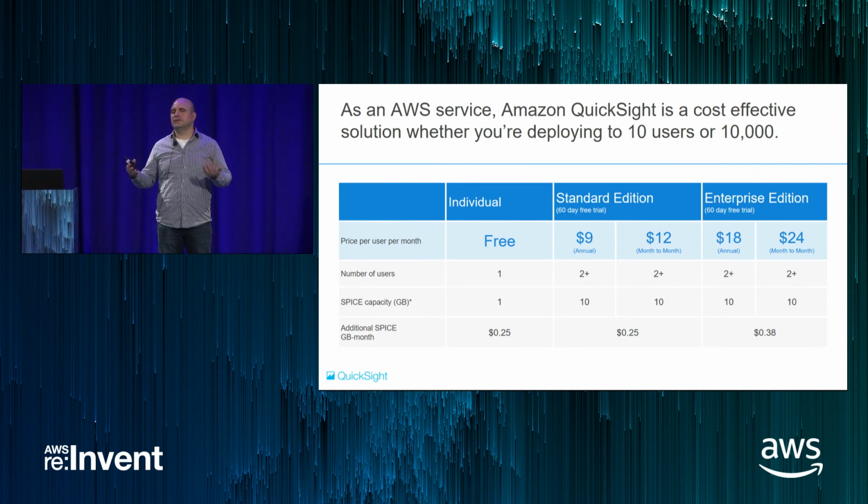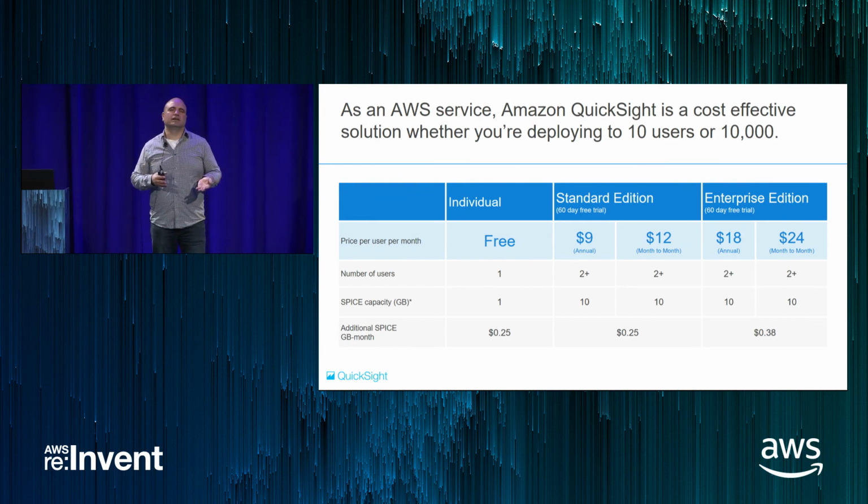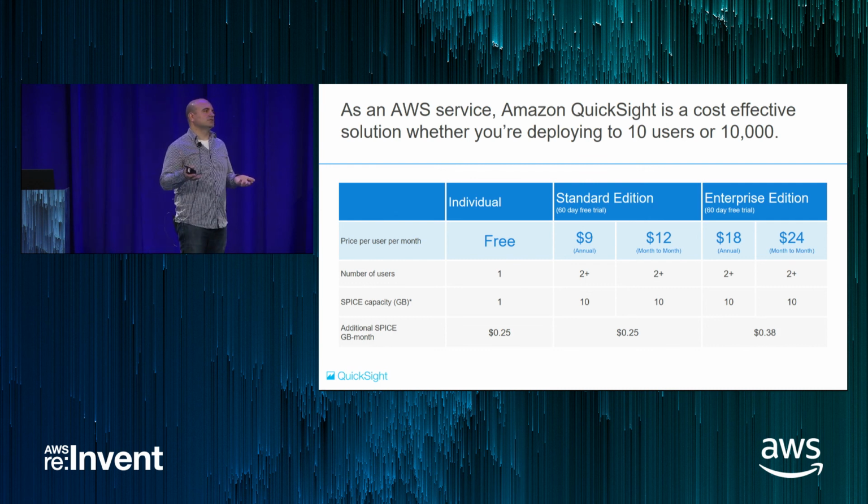But once you see if it makes sense, and you want to use it for a year, then you can go down to as low as $9 per user per month, or for Enterprise Edition, $18 per user per month. Each user I provision into QuickSight, I get 10 GB of SPICE capacity, right? So if I have 10 users, committing to a year for Enterprise Edition, it's $180 a year, and then I would get 100 gigabytes of SPICE capacity.